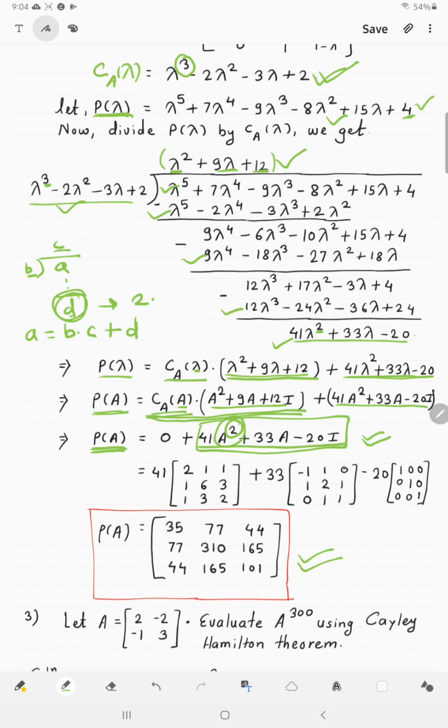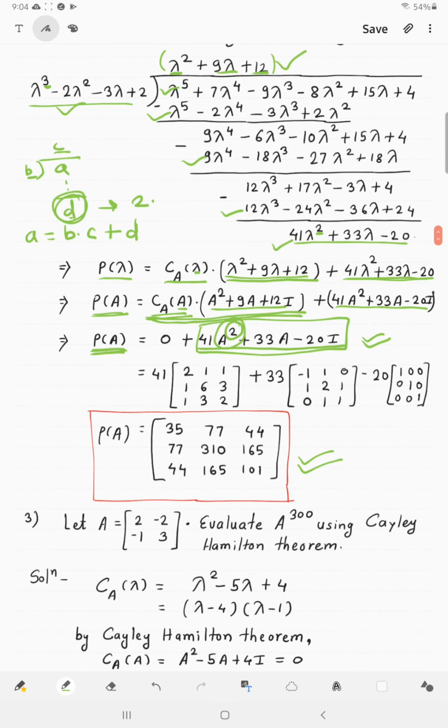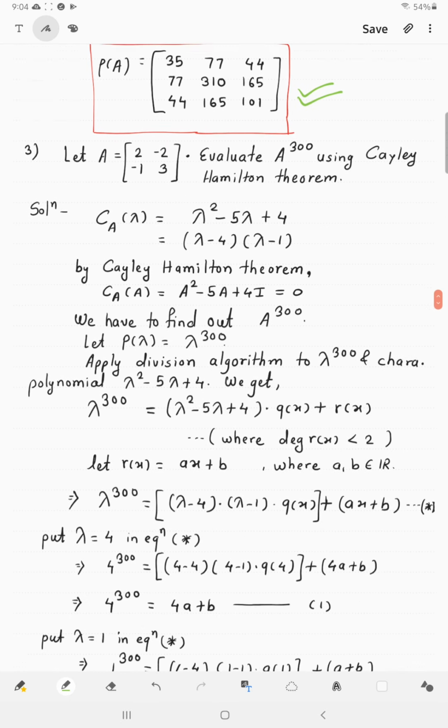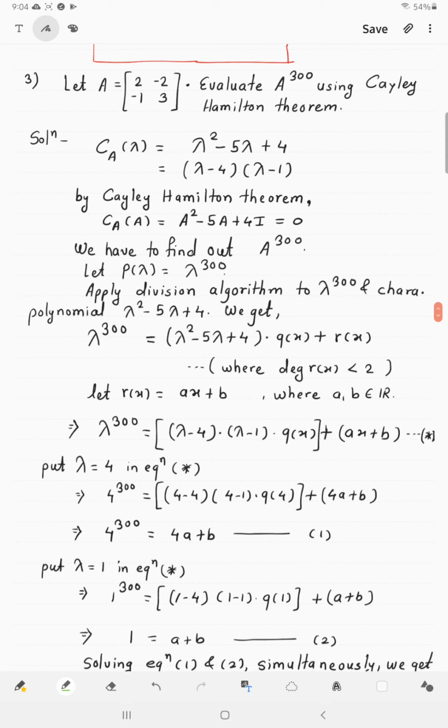Now here is the main problem. Suppose I have to find out A raised to 300. A raised to 5, A raised to 4, it is okay, we can do it directly also, but finding A raised to 300 is not an easy task. Here similarly, firstly find out the characteristic polynomial.